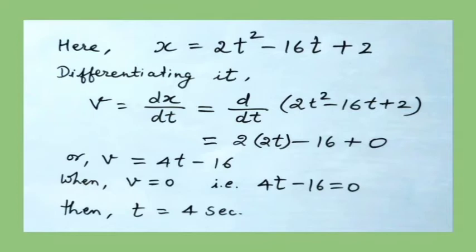Differentiating each term, we get 2 into 2t minus 16 plus 0, or velocity is equal to 4t minus 16. When velocity is 0, that is 4t minus 16 is equal to 0, then t is equal to 16 by 4, that is time is 4 seconds. So body will come to rest in 4 seconds.